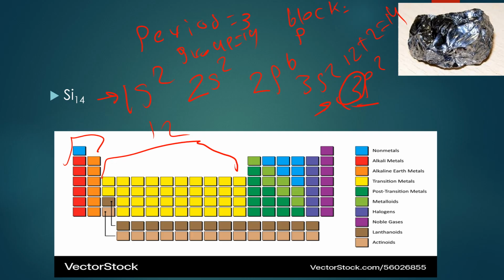So here is group 14, and here is period 3. So it's going to be here, silicon 14. And we know based on the table here, it's a metalloid. So it's a semiconductor. It has some properties of metals and some of non-metals.